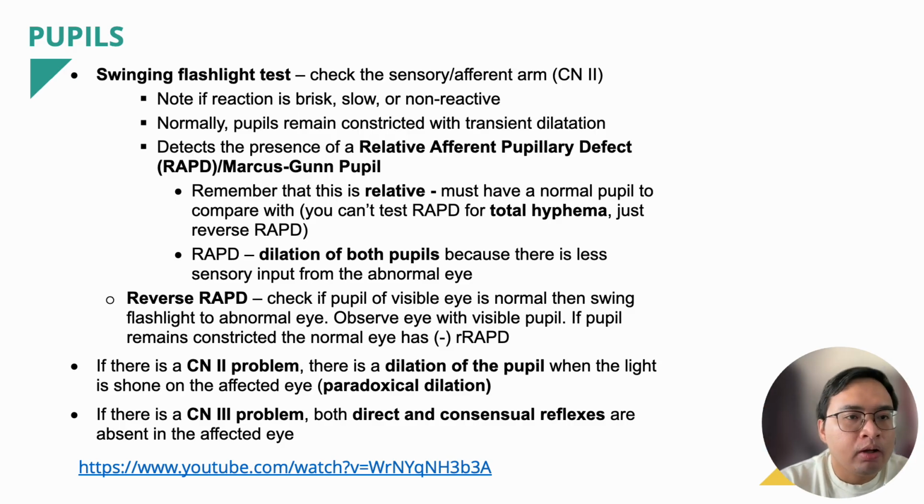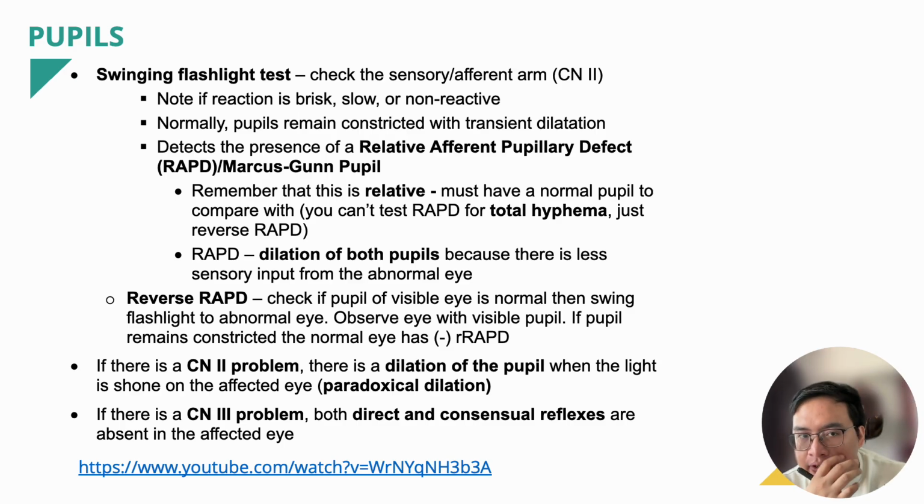What are some of the abnormalities that you could detect there? You could detect a relative afferent pupillary defect or a Marcus Gunn pupil. This is mediated, by the way, by cranial nerve 2 as the afferent arm, meaning going towards the brain, and cranial nerve 3 as the efferent arm.